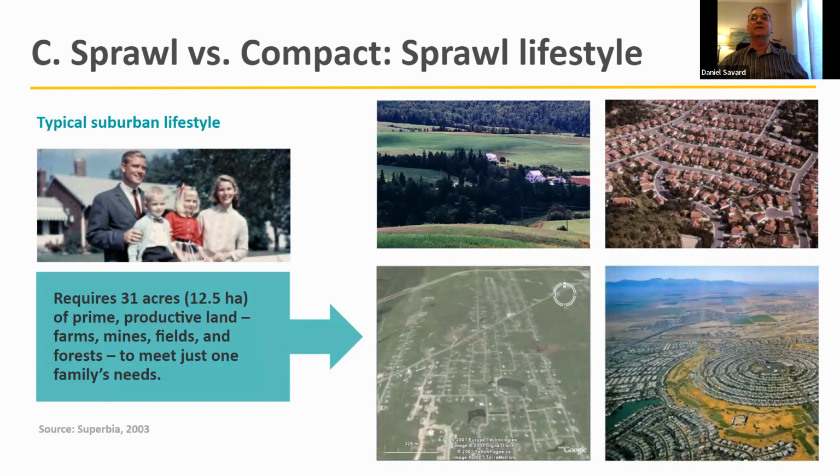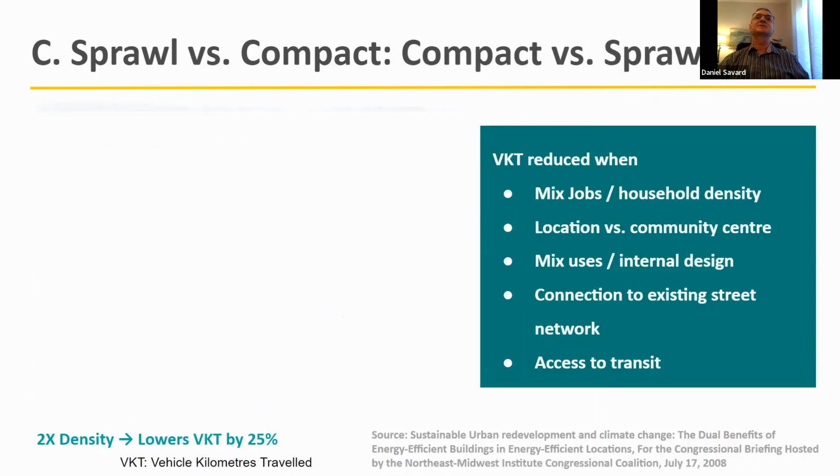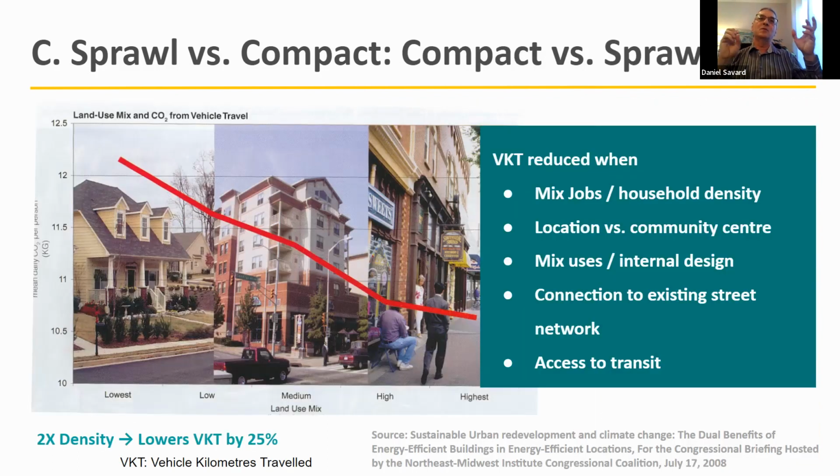So you bet there's going to be a lot of space just for one family. Okay, so what does it mean? It means that we have to consider another way of doing it, which is going to be compact. We're going to try, as much as possible, to be compact.